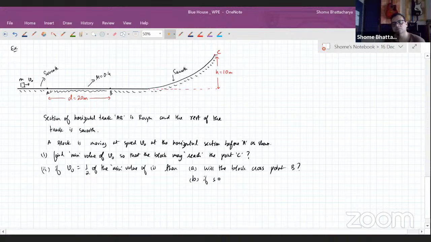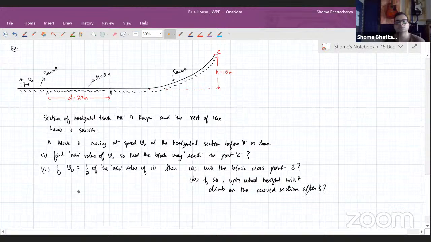And if so, up to what height will it climb on the curved section after B?